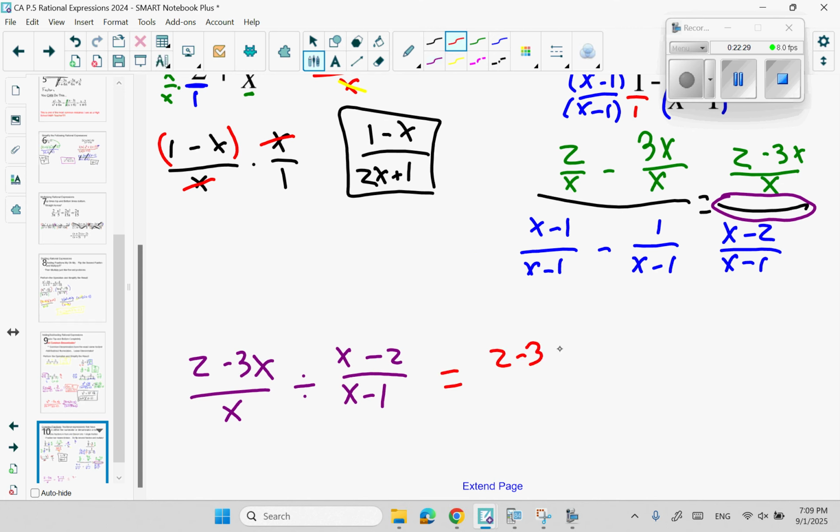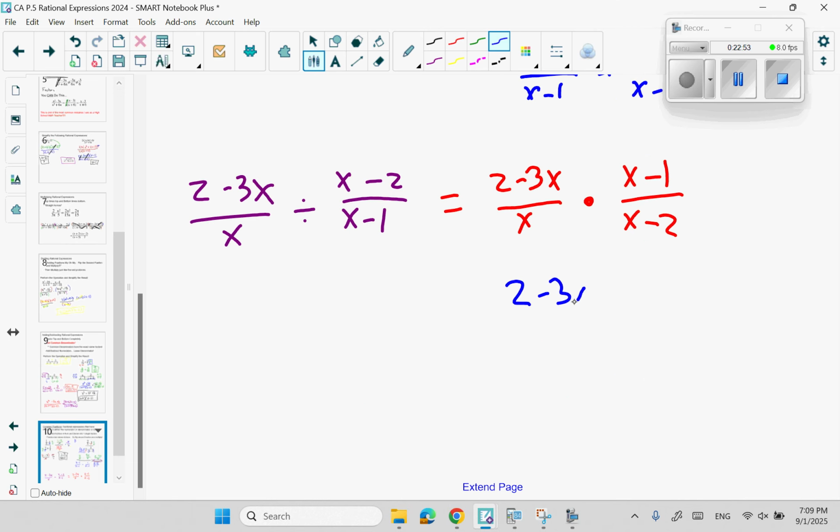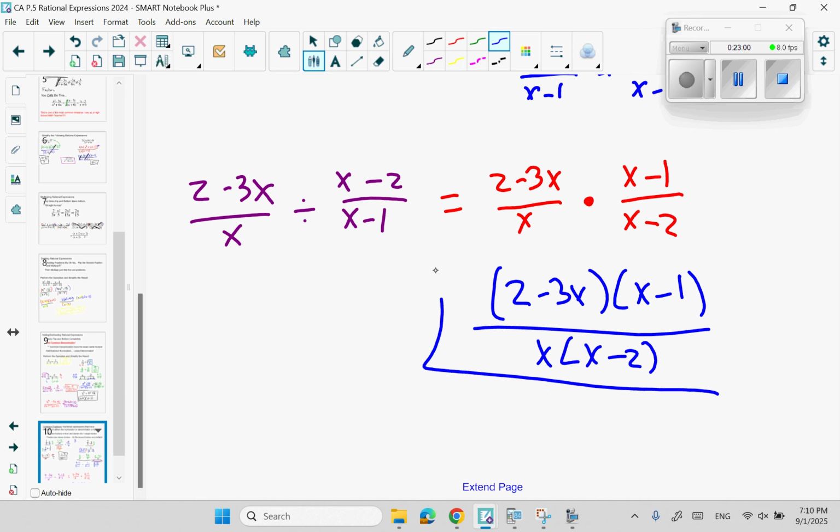So 2 minus 3x over x, flipping the division sign into a multiplication sign, and then flipping my fraction, aka just multiplying by its reciprocal. So I would get x minus 1 over x minus 2. And here I would try to factor and cross things out. Things don't factor or simplify out very nicely. So I end up with just 2 minus 3x times x minus 1 over x times x minus 2. And that would be my answer there.